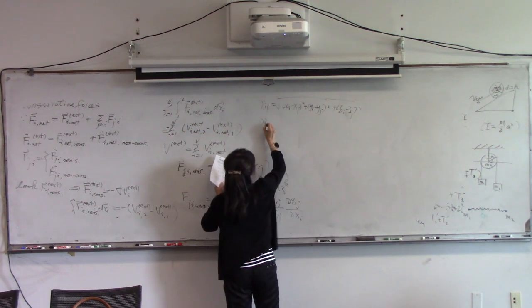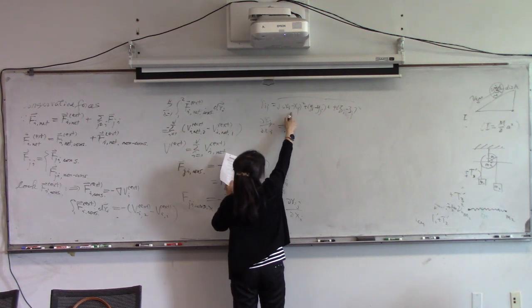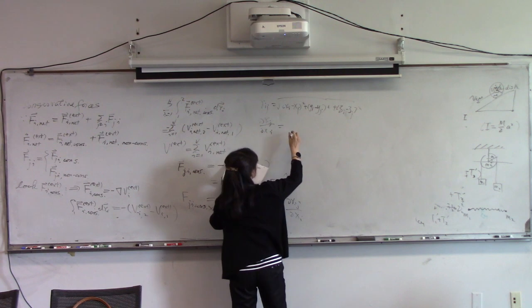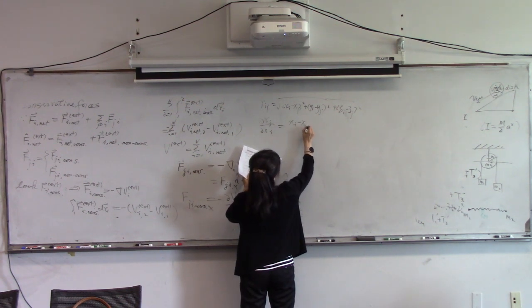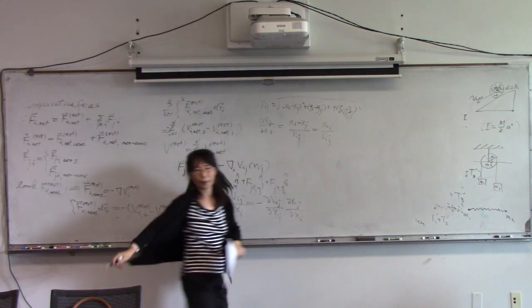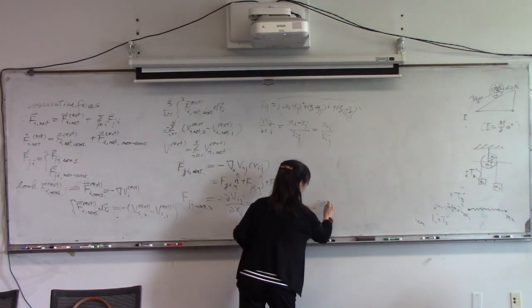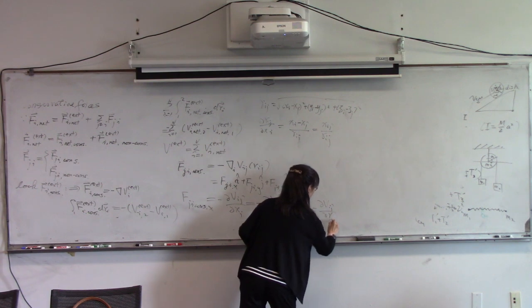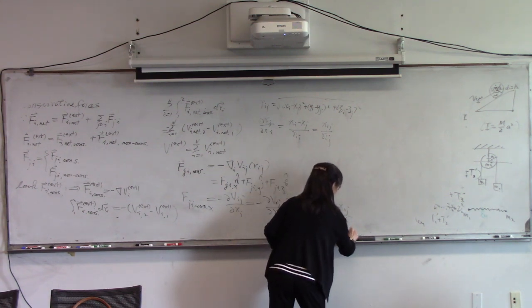So the partial Rij over partial xi is just this term, and the half and 2 cancel, so that is xi minus xj over Rij, that is xij over Rij. So here, that's equal to negative partial Vij over partial Rij times xij over Rij.